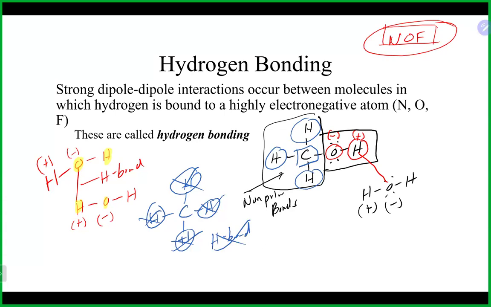Any questions on that? Also, why something like NH3? NH3 can hydrogen bond. Again, it has a hydrogen that is directly attached to a nitrogen, and it is a polar molecule, so it definitely has the ability to hydrogen bond. So hydrogen bonding is a special class of dipole-dipole interaction.